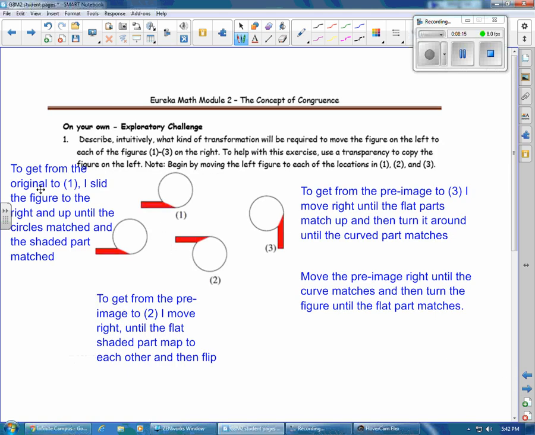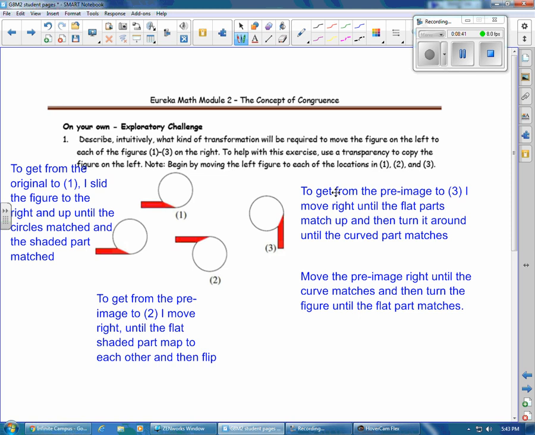So to get from the original to number 1, so here's my pre-image, my original. To get to number 1, I slid the figure to the right and up until the circles matched and the shaded parts matched, or mapped. To get from the pre-image, the starting point, to number 2, I moved right until the flat shaded part mapped to each other, and then I flipped.